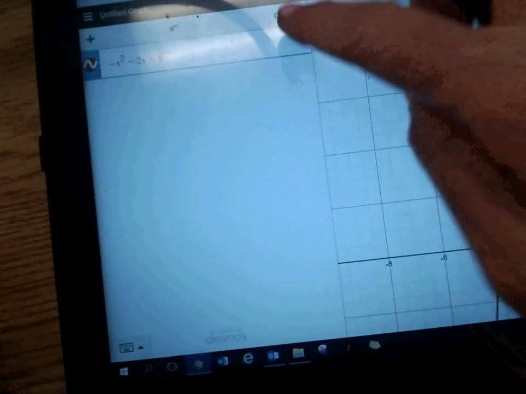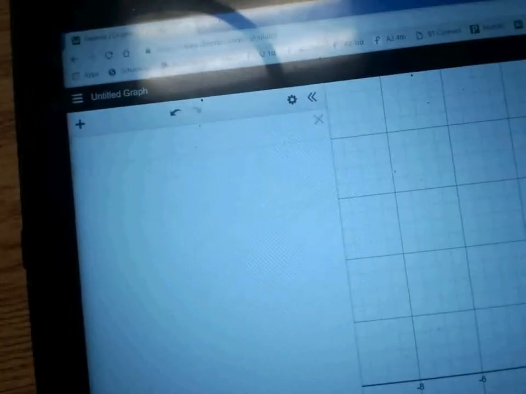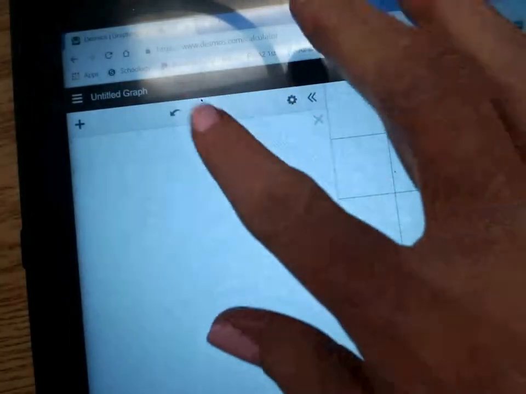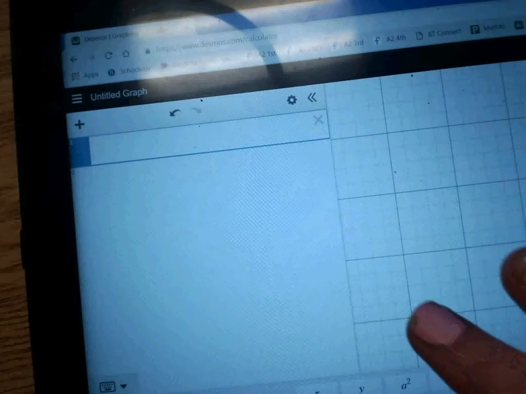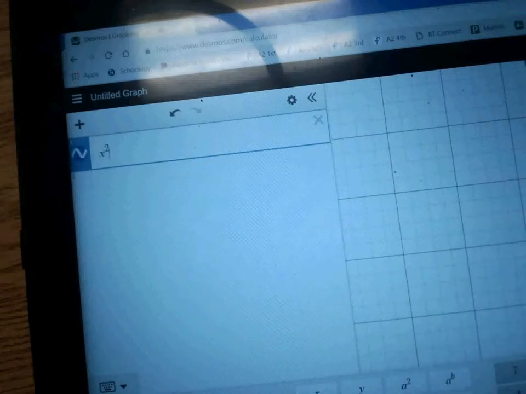I can erase my previous equation simply by tapping on that. And type in y equals x squared minus 2x minus 3.